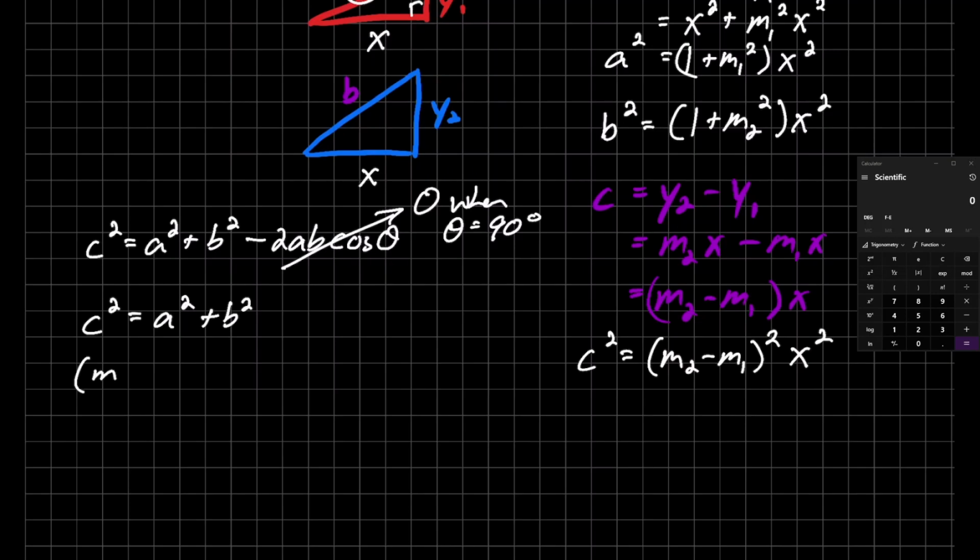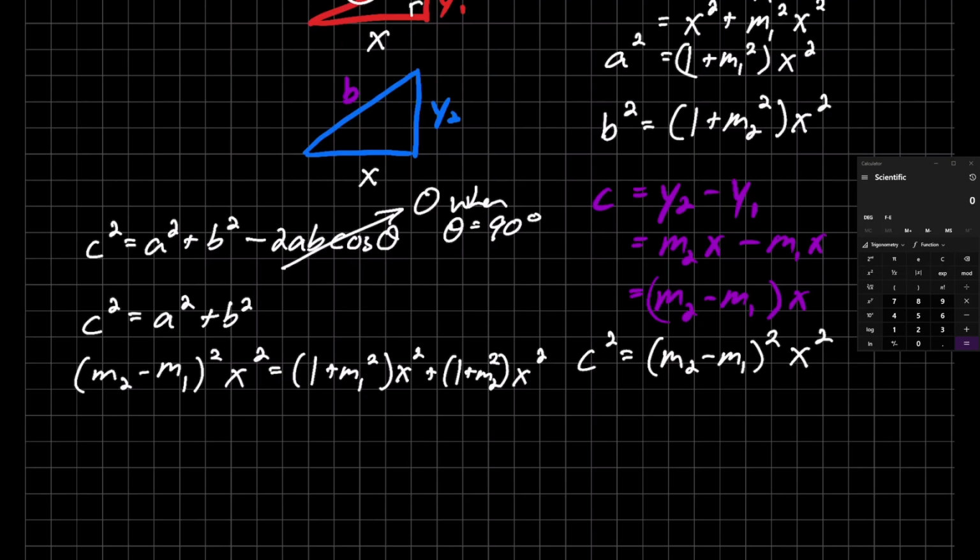So putting in our variables from before, (m2 minus m1) squared x squared is equal to (1 plus m1 squared) times x squared plus (1 plus m2 squared), oops, that squared is inside the parentheses, times x squared.